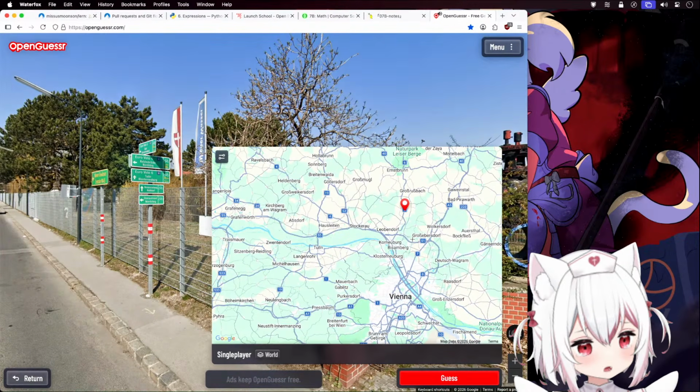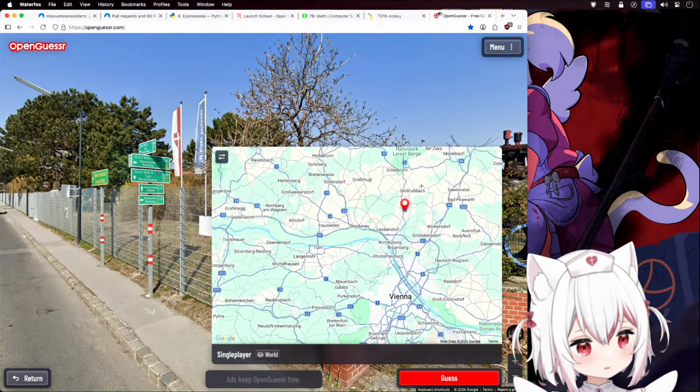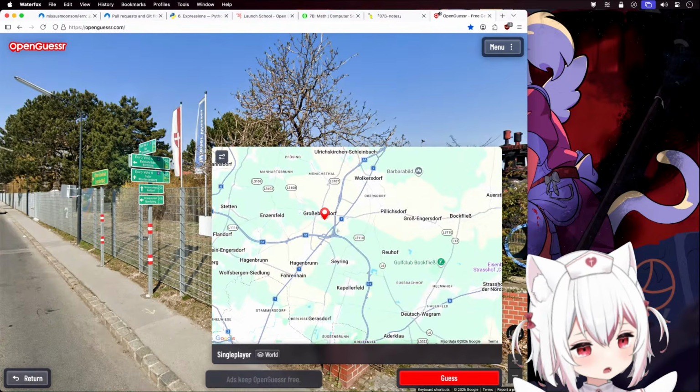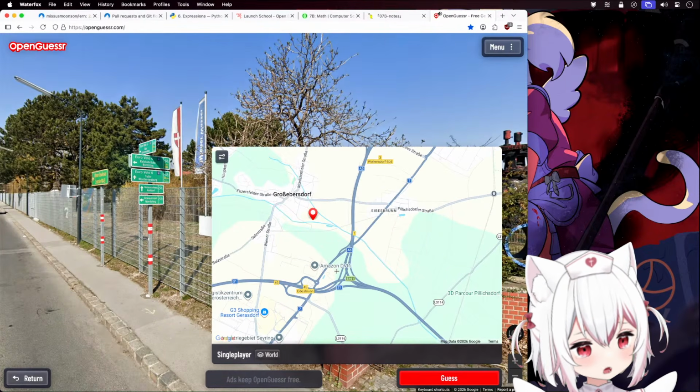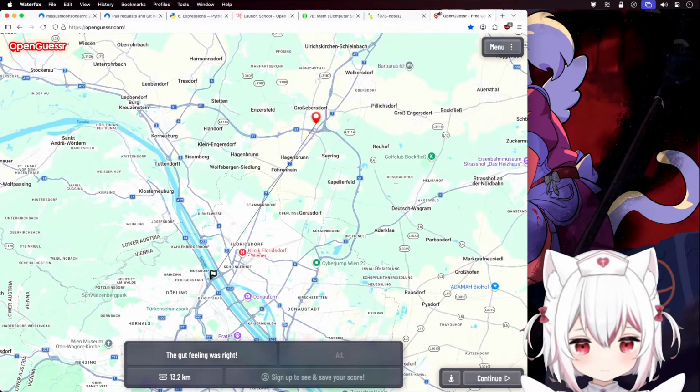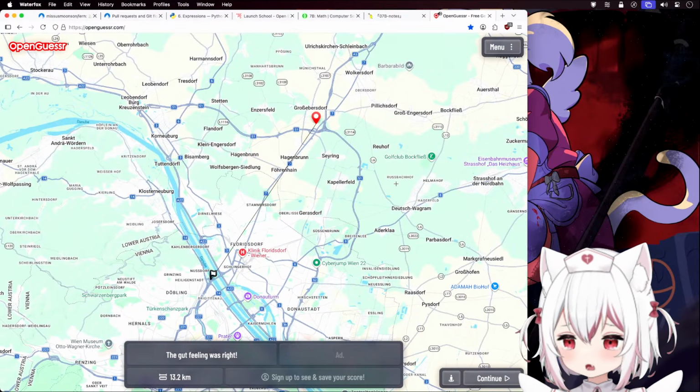The 6. The 6 is like... If I'm facing north, the 6 is up and it's also to the side. So we're probably like... I don't know, here. Right here. Here. Yeah, this is where we are. 13 kilometers.